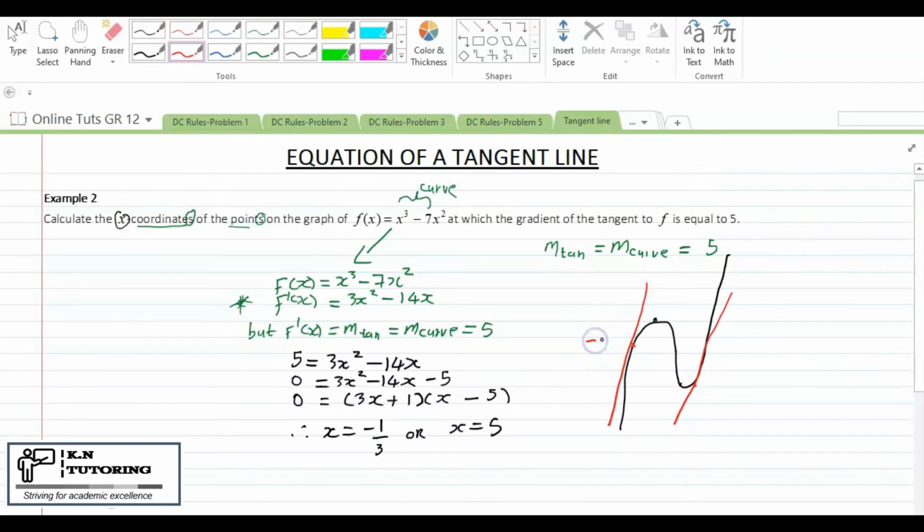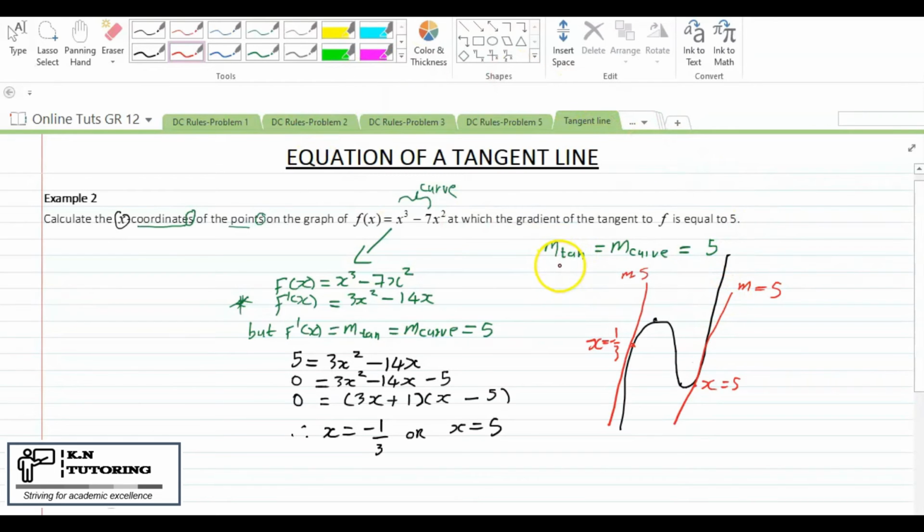This one will touch at x is equals to -1/3. This will touch at x is equals to 5. Now, these two tangents have the same gradient of m is equals to 5. That's why we're getting 2 x values, not 1. Okay, I hope that makes sense.